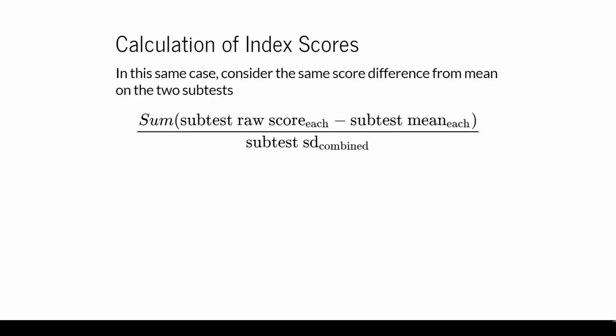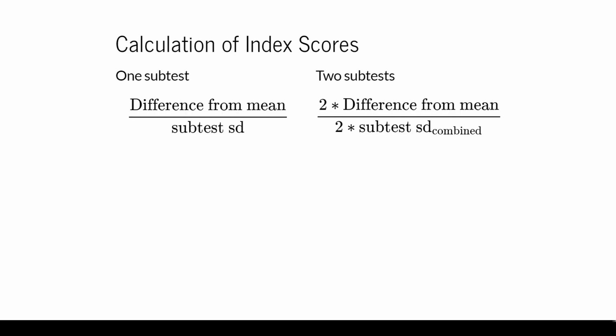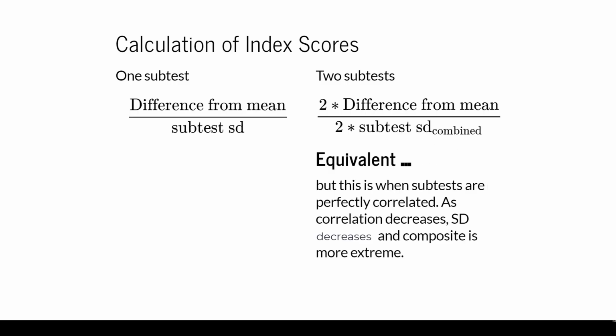So we could plug that into our calculation of index scores for subtest standard deviation combined, if we're assuming that the difference from the mean for both these subtests is the same, and the variances are all the same, and the correlation is equal to 1. Then when we simplify that for these 2 subtests, we've got 2 times the difference from the mean over 2 times the subtest standard deviation.